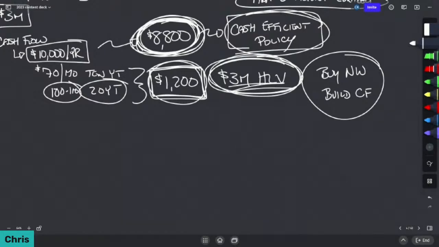Now, let's assume that, all right, you're good for a policy. Like you do fall into the spectrum where that's good, well, then we're going to talk about maximizing that. But if not, we would just use this $1,200. We'd go buy convertible term. We'd take the time to try to pay off other debt, pay debt down, which would increase cash flow.